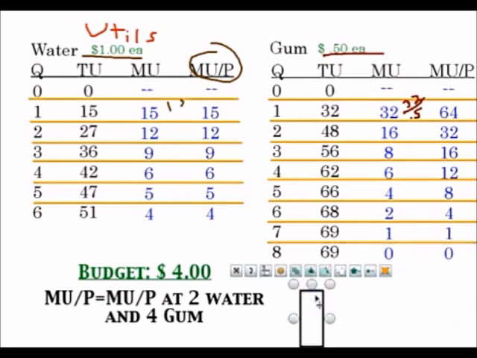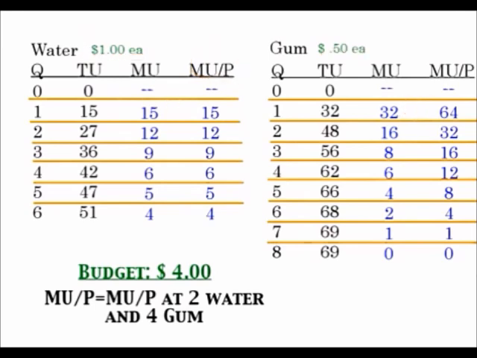Okay. Now that we have done that, we want to go back to the utility maximizing rule, and we're going to try to find where MU over P of water equals MU over P of gum. We're going to see that this happens in two different places.